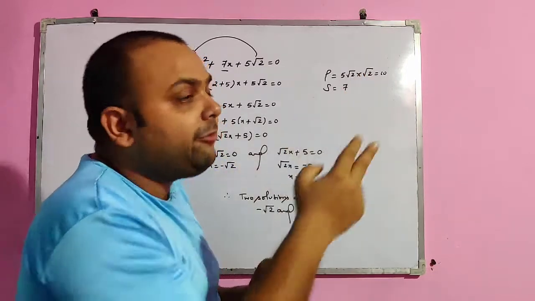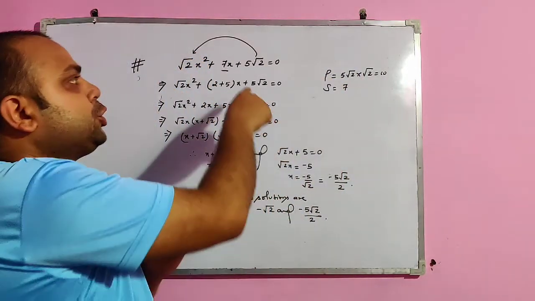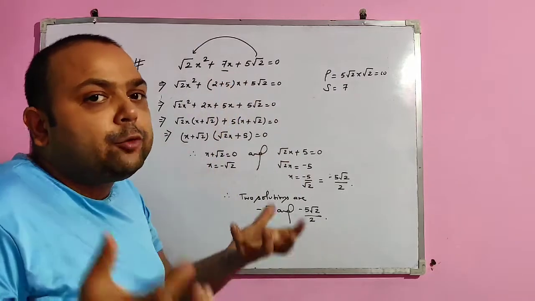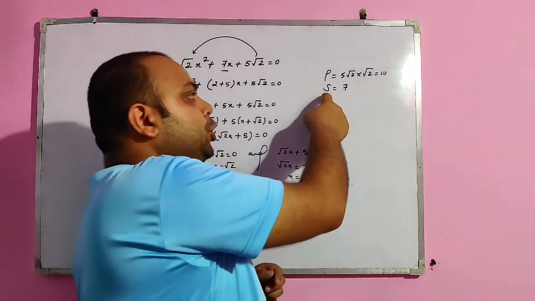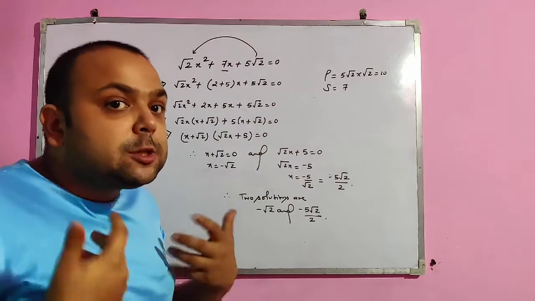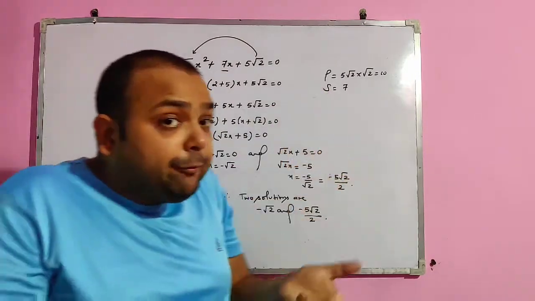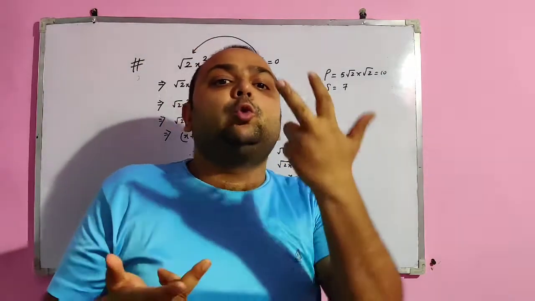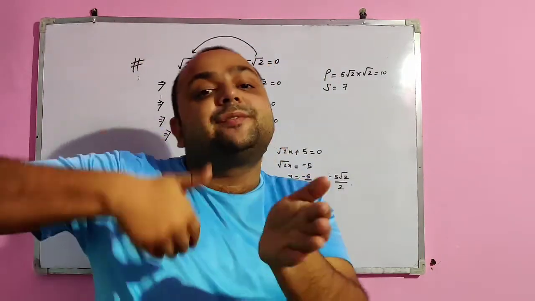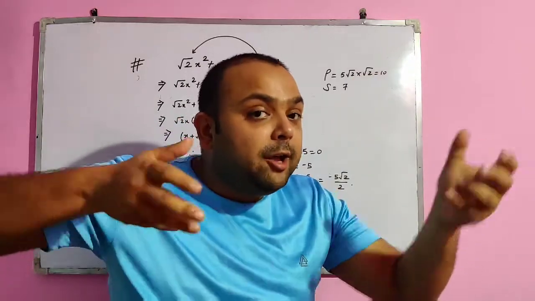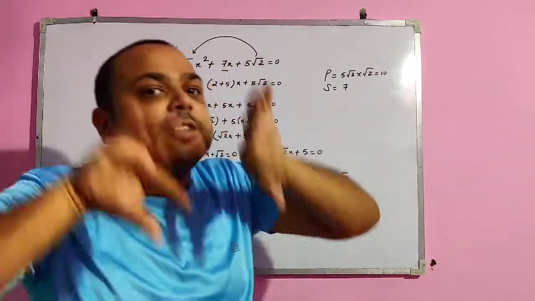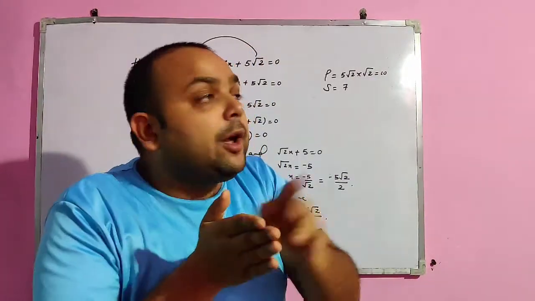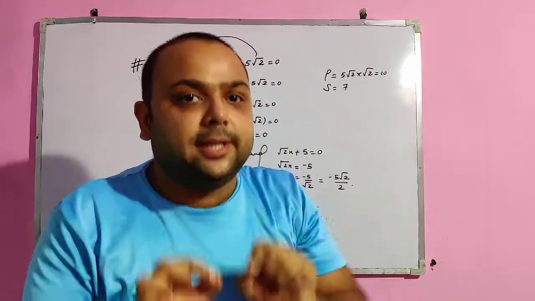Root 2 becomes 2 and 5 2s are 10. Also we have a plus sign here, so we have to add, that is the sum should be equal to 7. So splitting with the condition that we have to get the product as 10 and the sum as 7. So the numbers are 2 and 5. 2 plus 5 gives us 7 and 2 5s are 10. We have to arrange the number in such a way that it should satisfy both the conditions simultaneously.